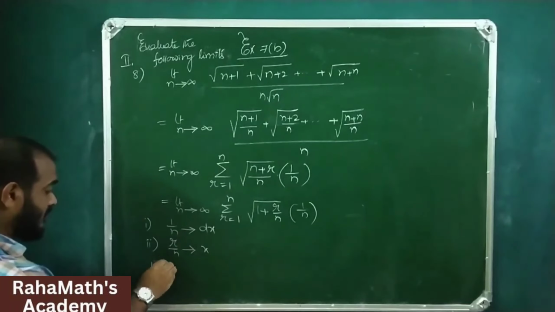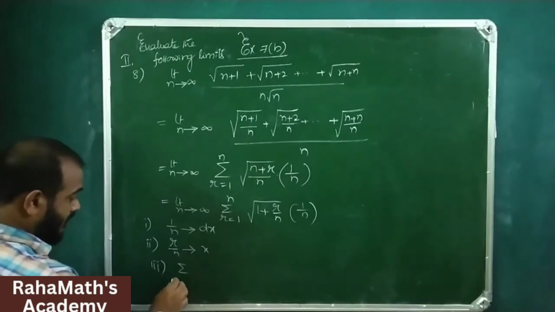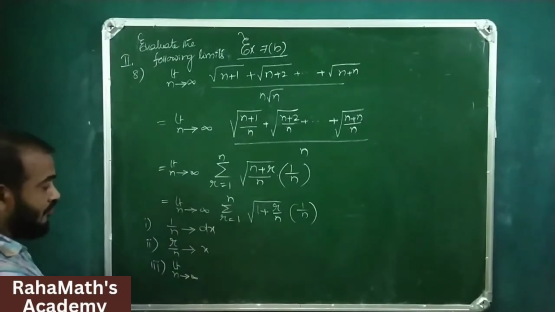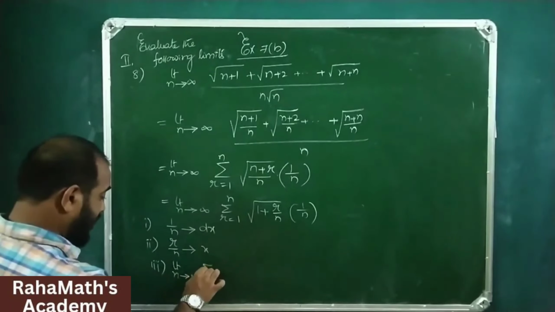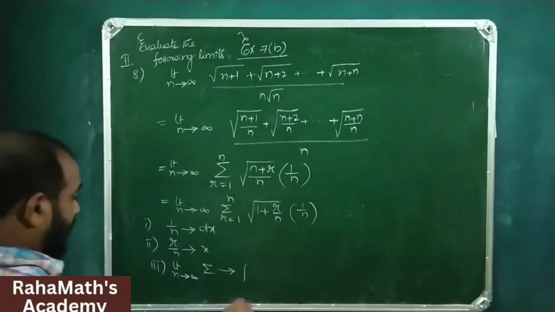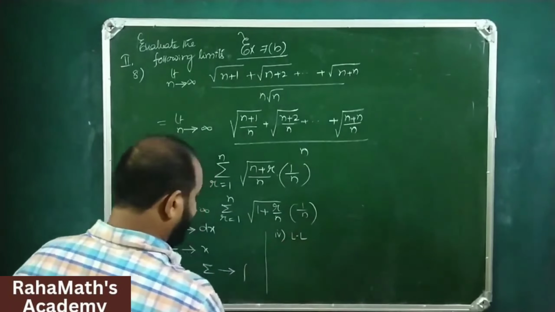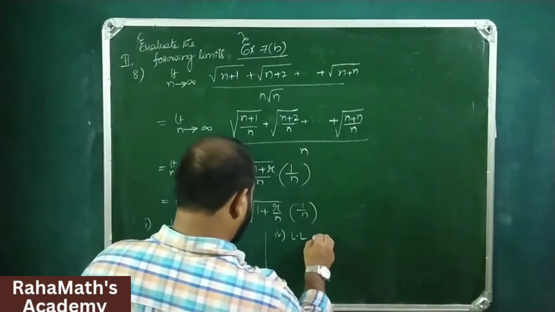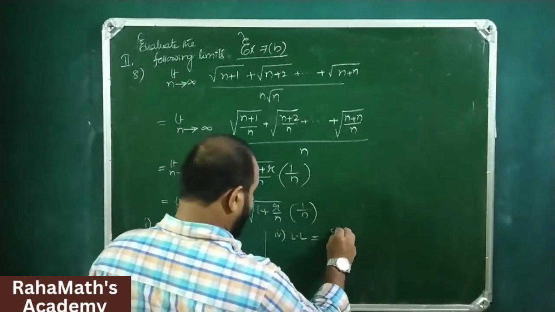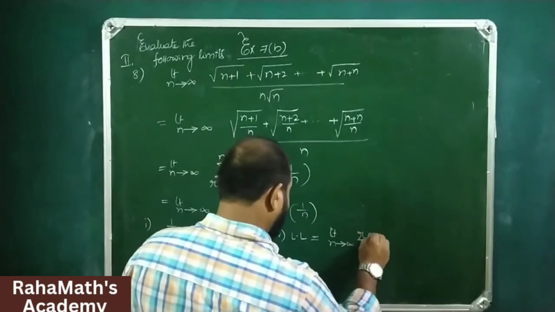Thirdly, limit n tends to infinity, sigma becomes integral, and the limits are: my lower limit is limit n tends to infinity, r by n.